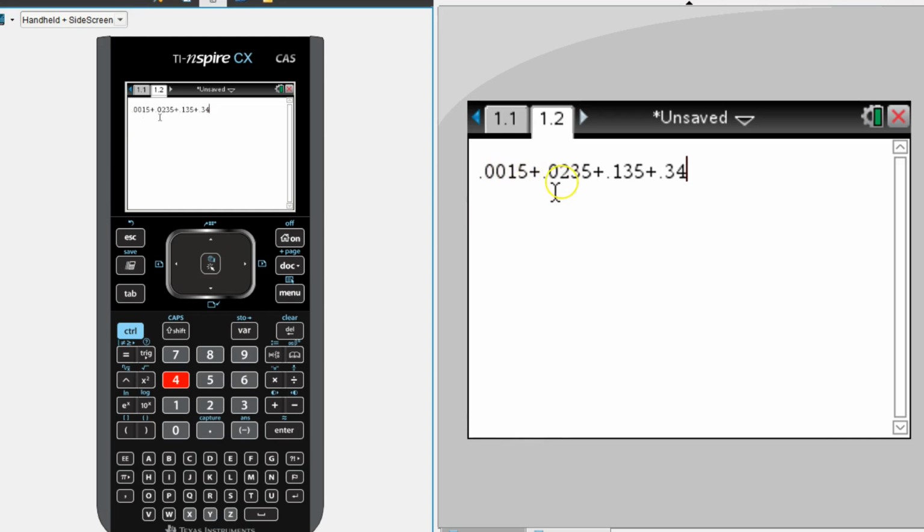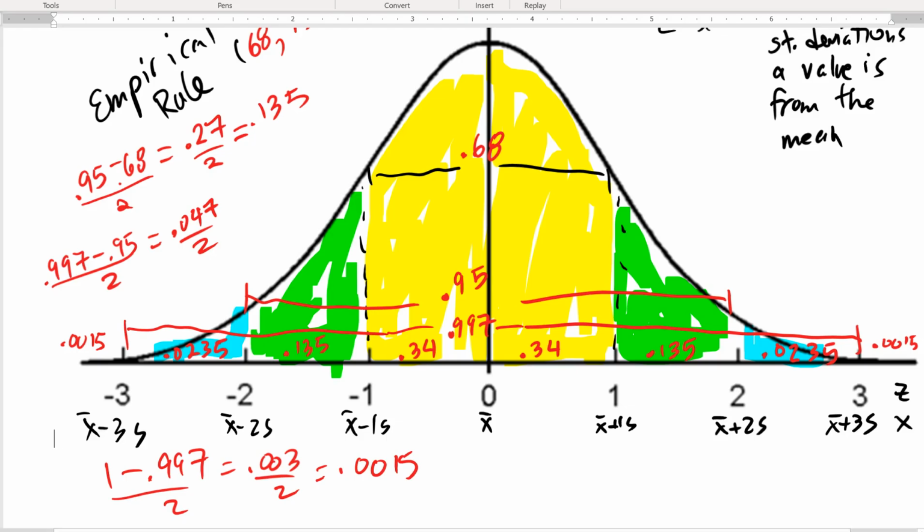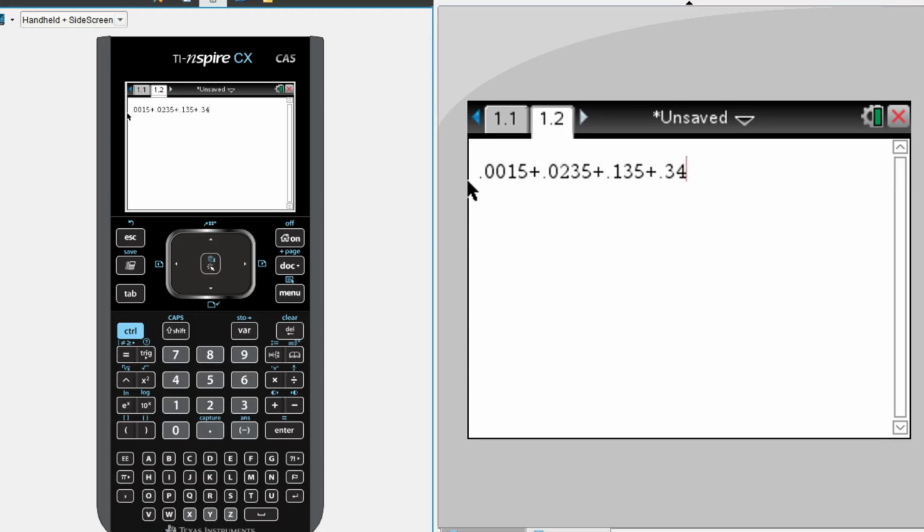What I've done is I've added the first 4 pieces. So I've added 1, 2, 3, 4. What should these 4 total up to at this point? Well, it's half of the diagram, right? So this should add up to 50% of the overall picture.